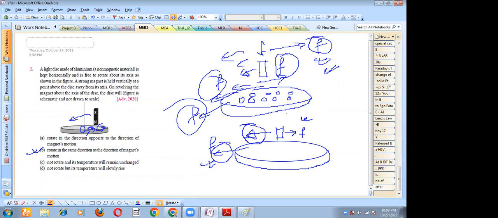Yes, sir. It means the disc will rotate in the same direction as the movement of the magnet. Understood it? Yes, sir. Yes, I got it. So it's very simple. If you go more into the depth, it will confuse you. So this is the simplest way to understand this.